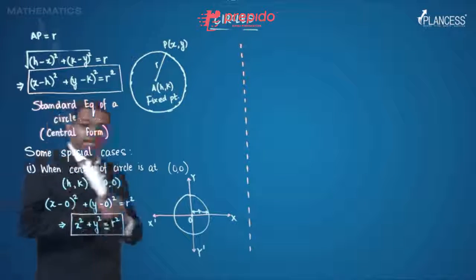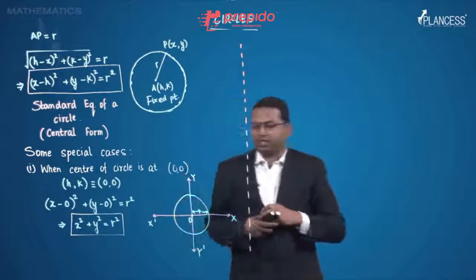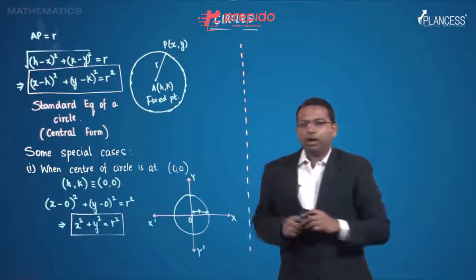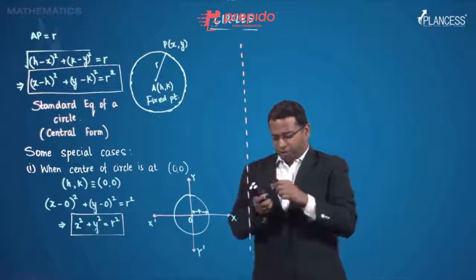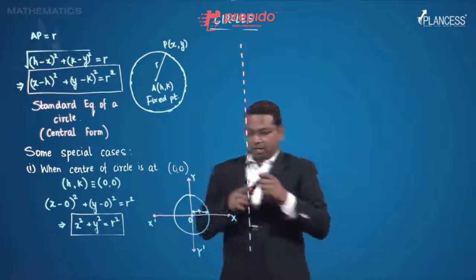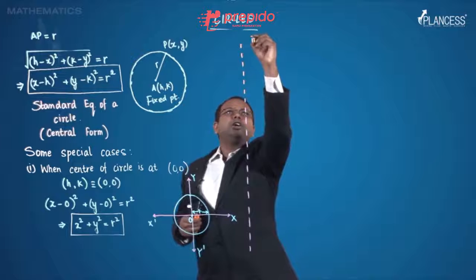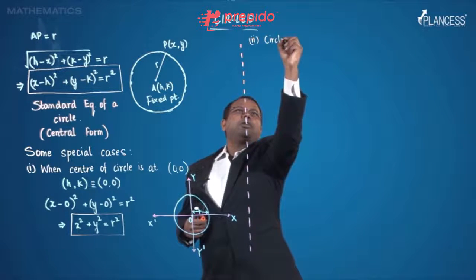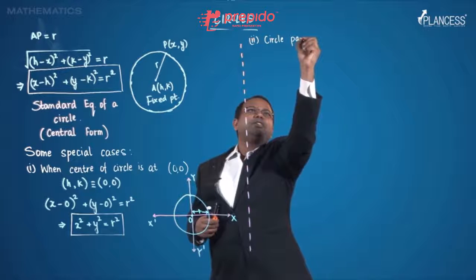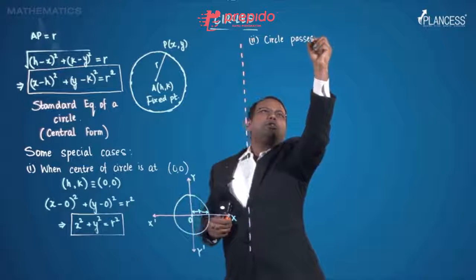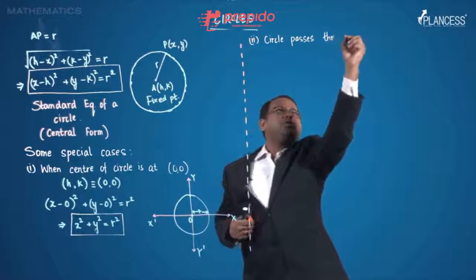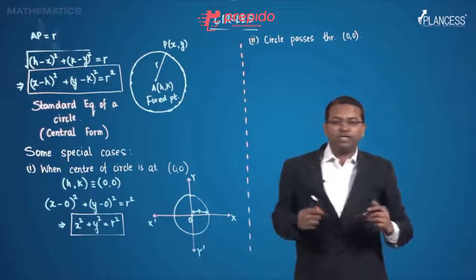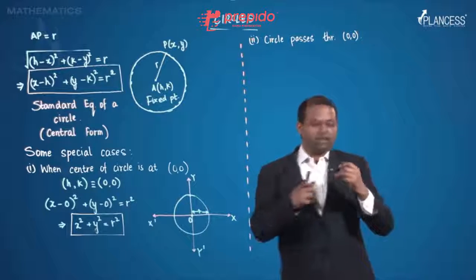Let us take another case. Now what happens if the center is not at the origin, but the circle passes through the origin? Let us say the circle passes through origin. In other words, the origin is lying on the circle.